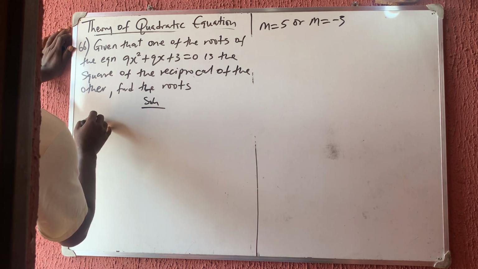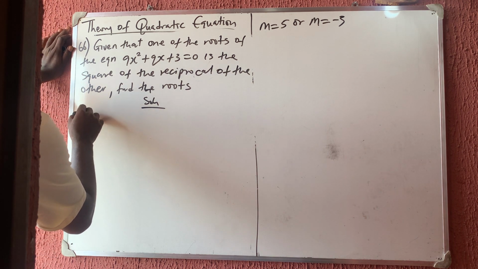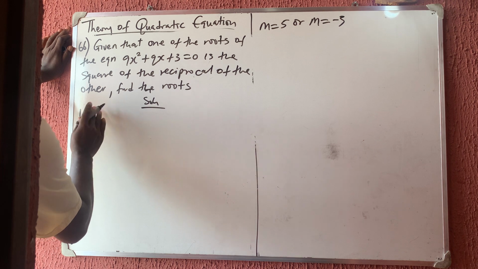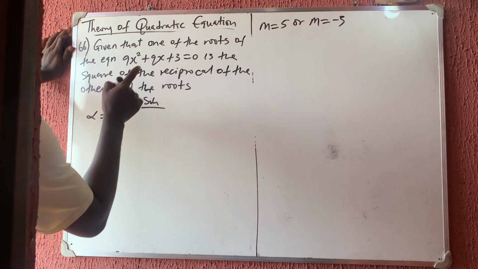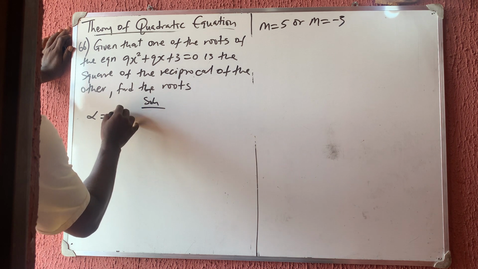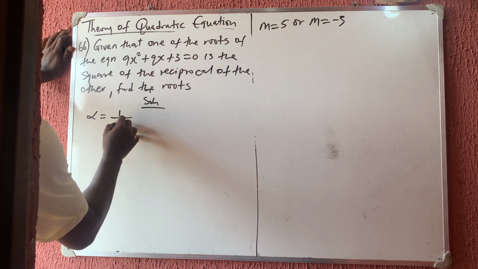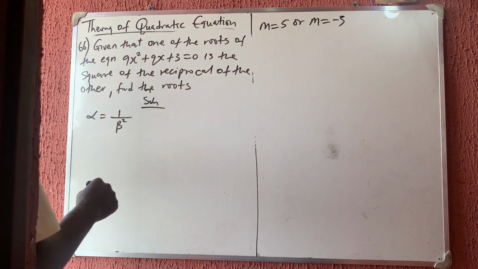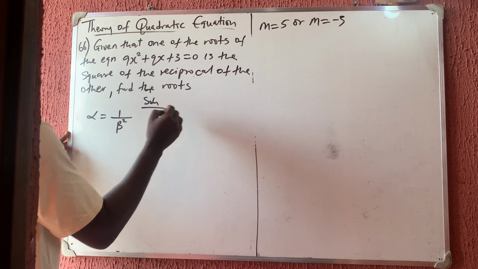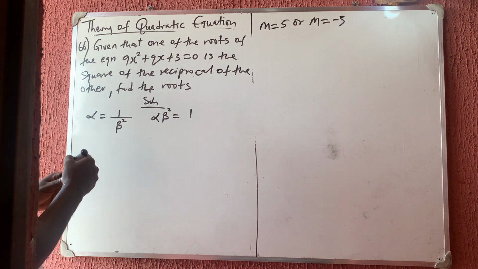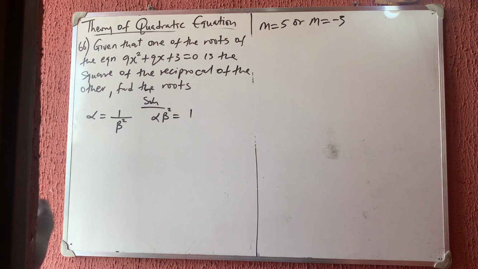Let alpha and beta be the roots. They say that alpha is equal to the square of the reciprocal, so 1 over beta squared. So which means alpha beta squared is equal to 1. Okay, that's what they told us.